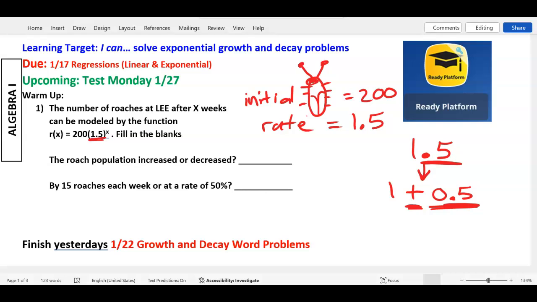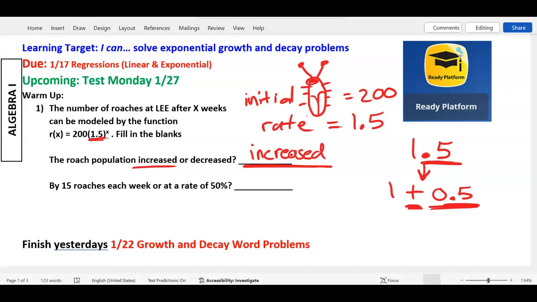Let's answer these questions. The roach population increased or decreased? What do you think? Greater than 1 is increase, right? So increased. So if you have a multiple choice question, that's how you answer it. If it's greater than 1, it's increasing. If it's less than 1, it's decreasing.